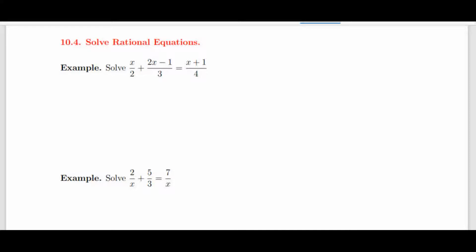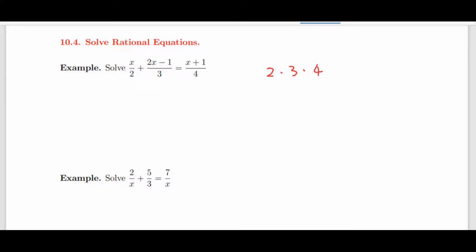So let's say the first one is actually a linear equation, right? We don't like this denominator, so how can we get rid of those denominators? We don't like this 2, so we just multiply by 2, right? We don't like this 3, we multiply by 3. We don't like this 4, we multiply by 4.